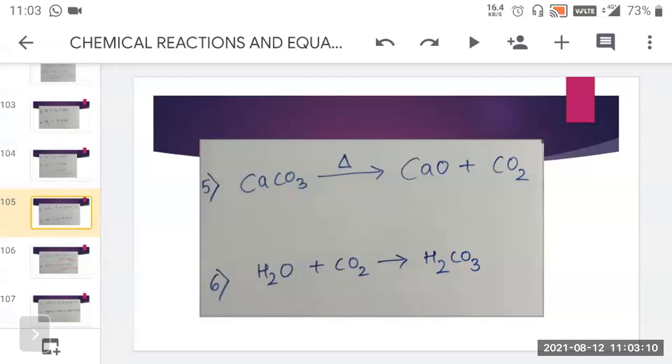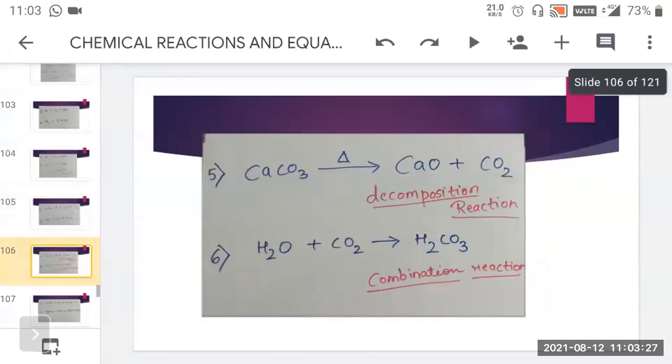Then the next equation is H2O plus CO2 gives you H2CO3. Now again we go one by one with the reaction types. Combination reaction: 2 reactants, 1 product. So this is fulfilling its need, that means 2 reactants are there and 1 product is there. So you can say that the reaction is a combination reaction.